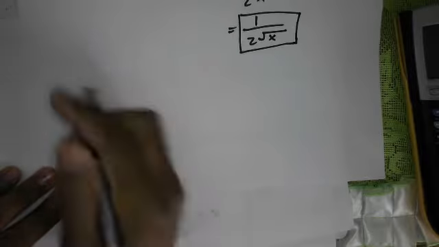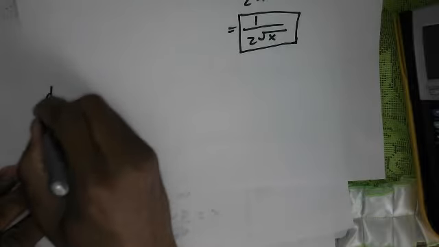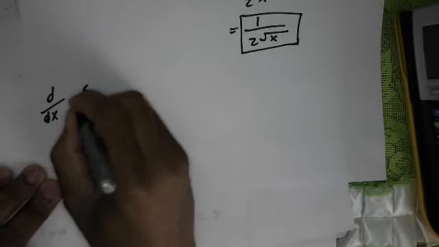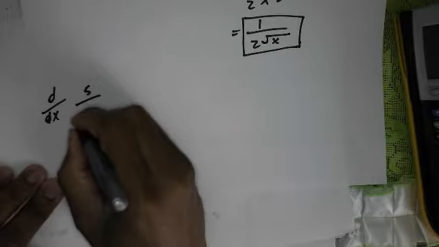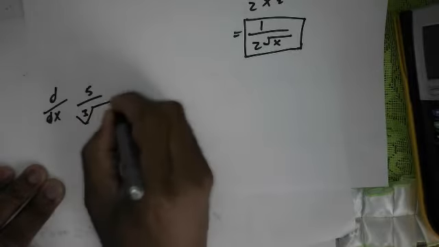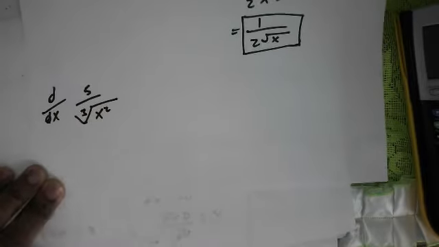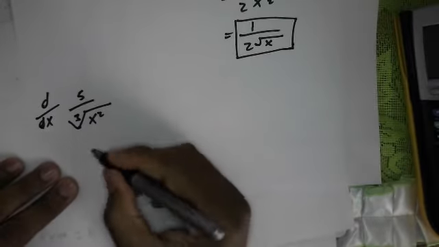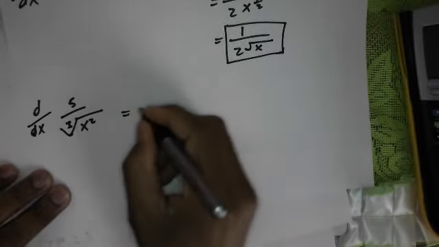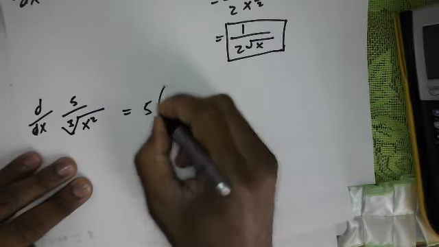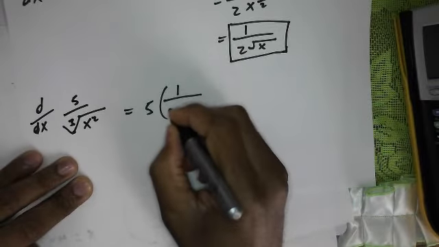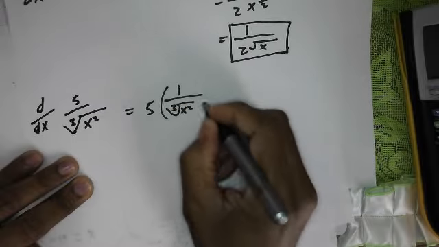What if I have the derivative of, let's call this thing, 5 over the third root of x squared. Let's say that is what we have. Now, I can rewrite this thing as 5 times 1 over the cube root of x squared.